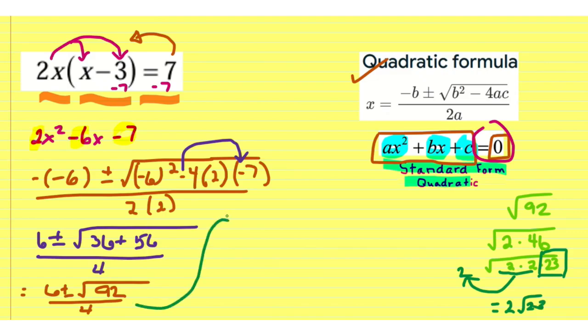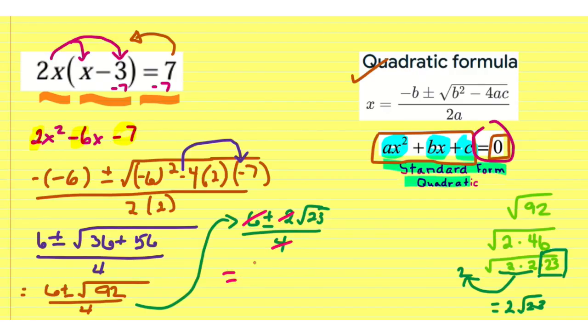So let's go ahead and move this up here. 6 plus or minus 2 radical 23, and that's all over 4. So what fits into 6 and 2 and 4? Well, 2 does, right? So we can divide 2 out of all these coefficients.